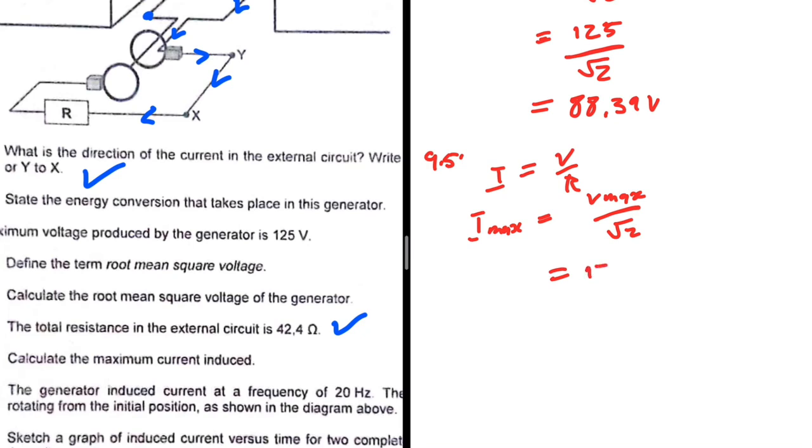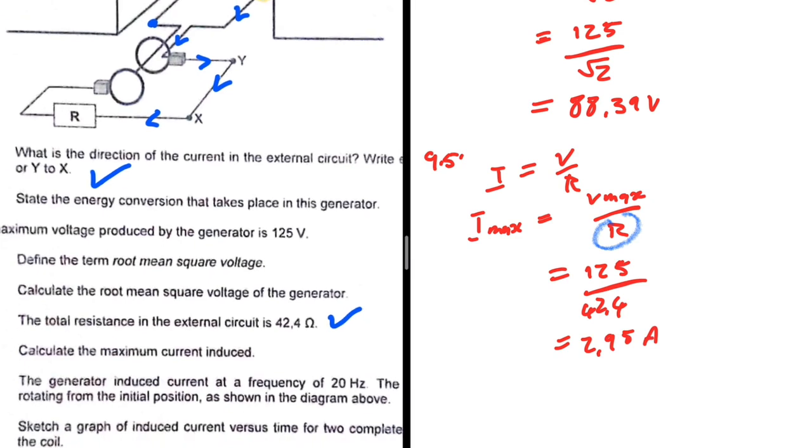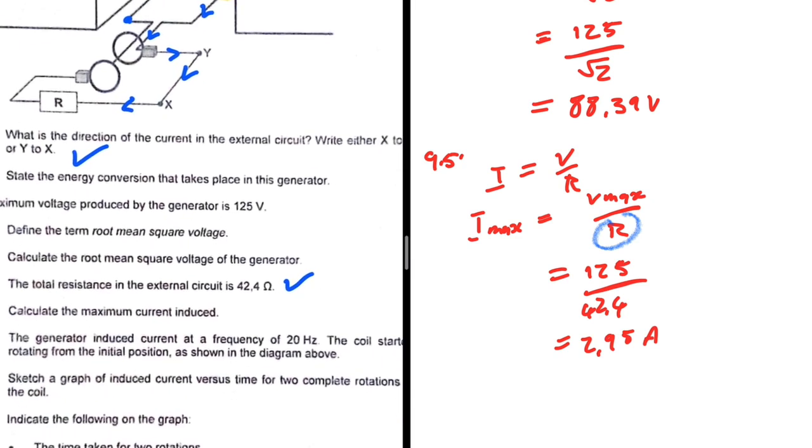Yes, we do, 125. I'm making a mistake, divided by the resistance, not square root of 2. The resistance is 42.4. So 125 divided by 42.4 is 2.95 amperes. And there we go. That is our maximum current induced.